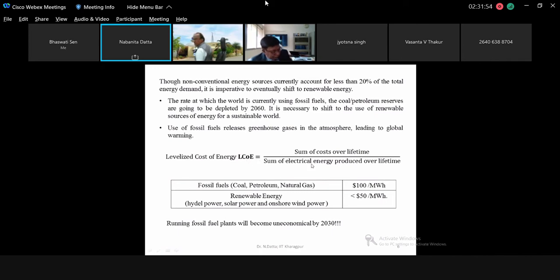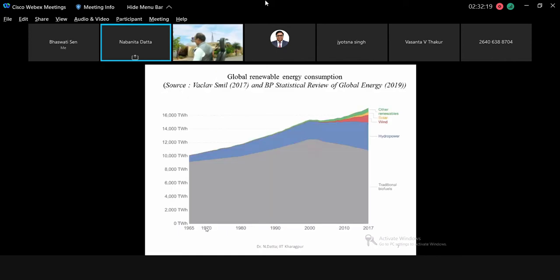The reduction of the levelized cost of energy as far as wind energy is concerned should be our main target. This is because if we want to competitively sell wind energy as one of the renewable sources, we need to find out whether the LCOE is less than that of fossil fuels. Running fossil fuel plants will become uneconomical by 2030, so we have to exit the fossil fuel era.